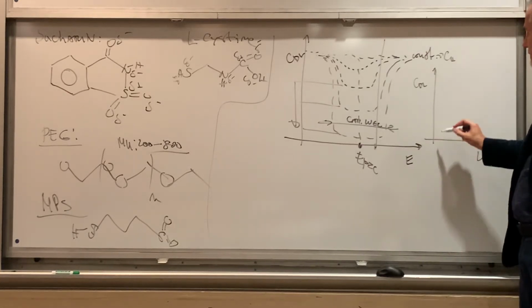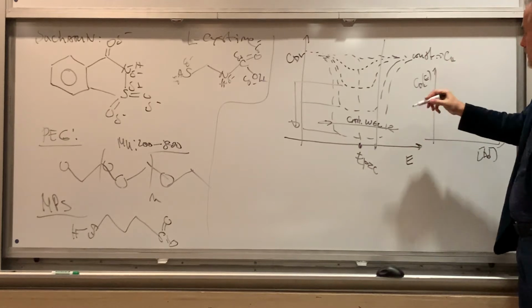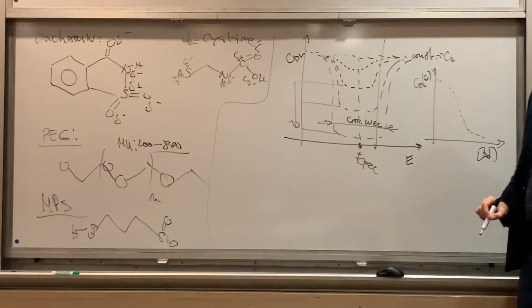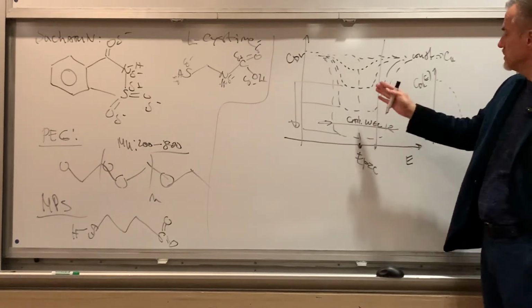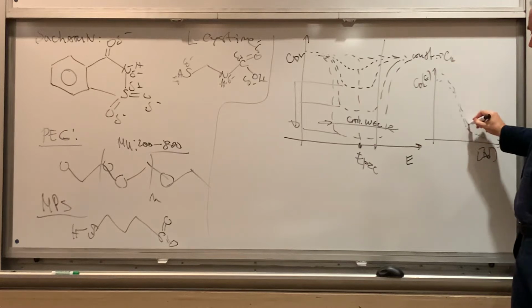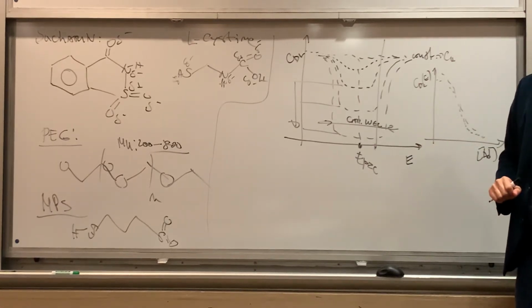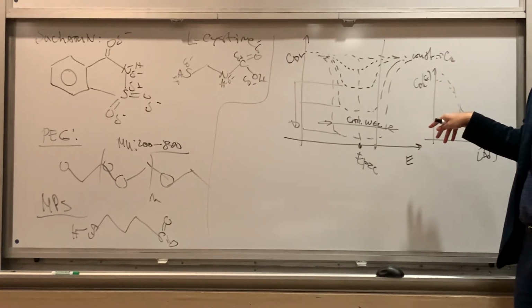I'm going to see that at this particular potential that I'm looking at, this will look like that. And if I do this for a different potential, a similar type of plot will happen, right?